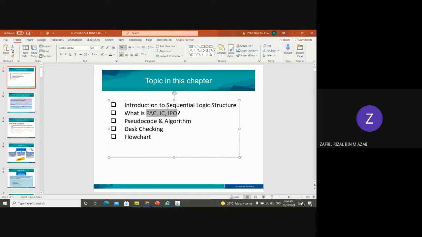And I already showed you the relationship between these. If you can recall, PAC, IC, IPO is mainly used for problem analysis, where we gather the information related to input, processing, and also the outputs. So today we are going to continue with the rest of the elements.